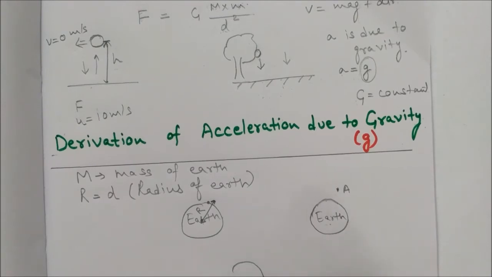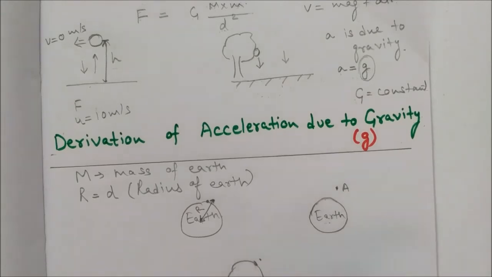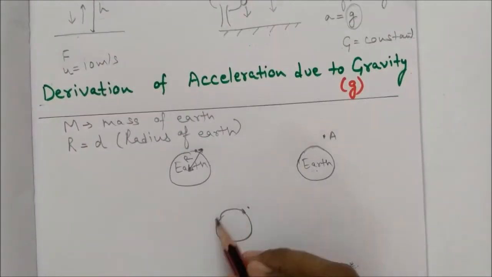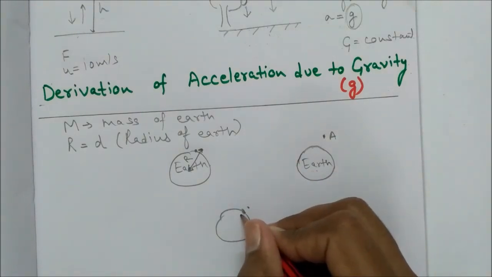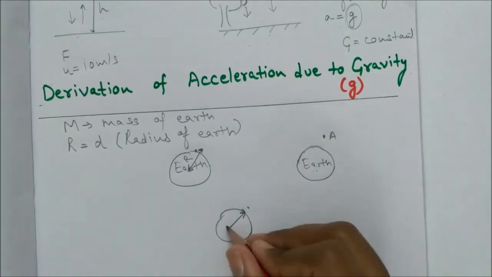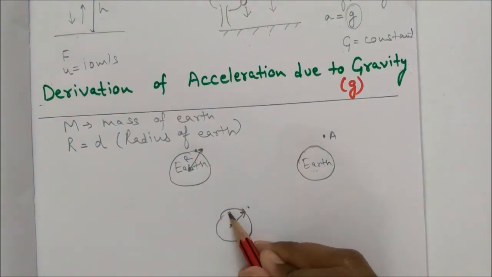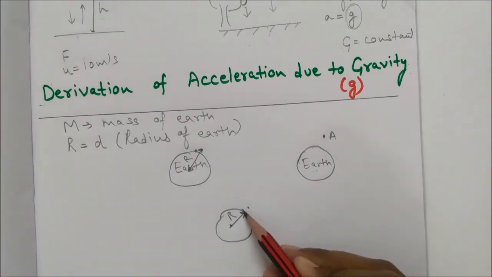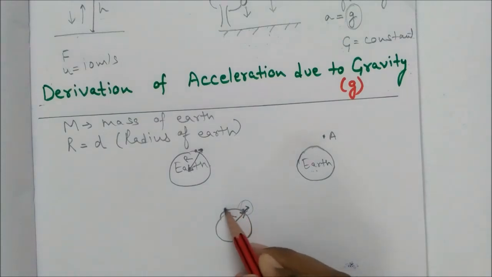Now the object can be placed just on the surface of the earth, or anywhere just above the earth, right? Since the earth is very much larger than the size of the object, I'm taking the distance r from the core till the surface of the earth. But the distance from the surface of the earth to the object is very small compared to the radius of the earth.